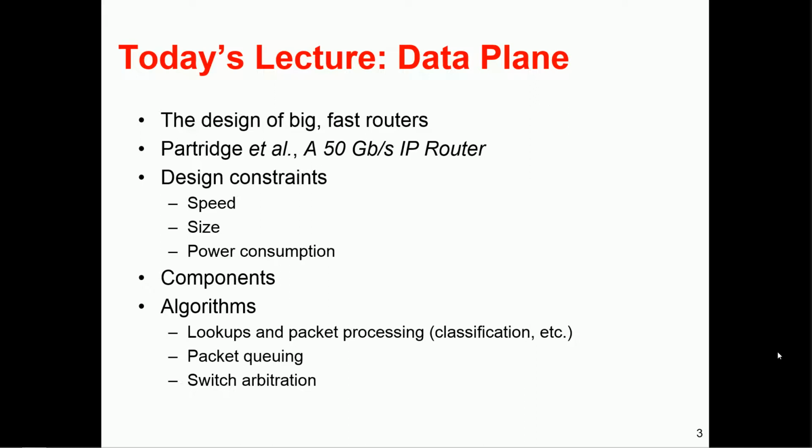One of the big things when we're talking about designing some of the larger, faster routers, which we're going to be calling our CRSs, i.e. those are going to be our service provider routers, we're looking at things like speed, power, physical size, the components, the algorithms that they use to look up and process, packet queuing, and switching.